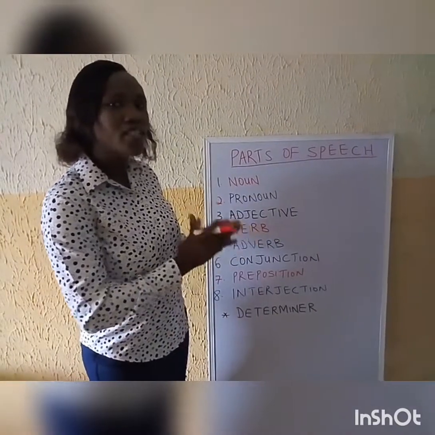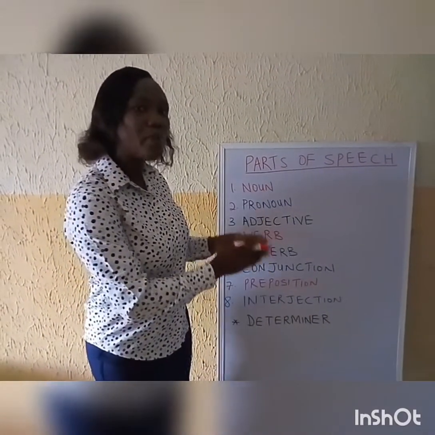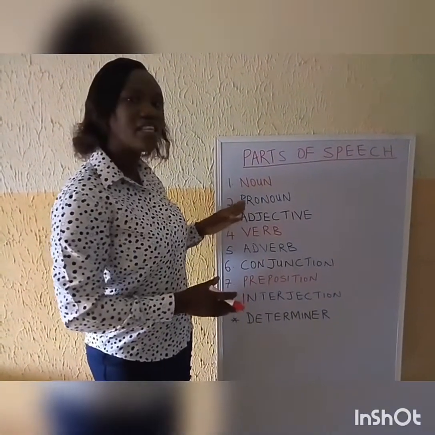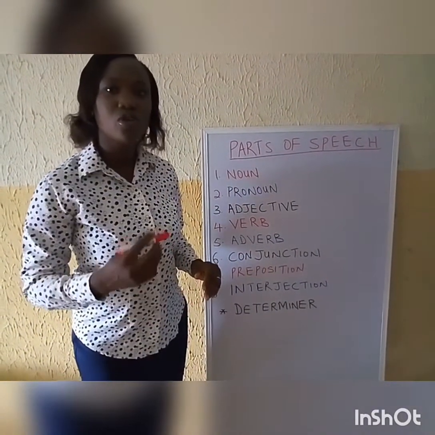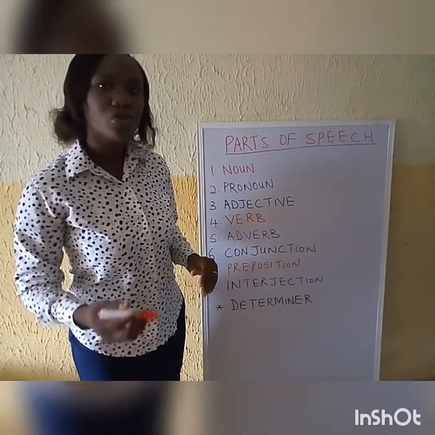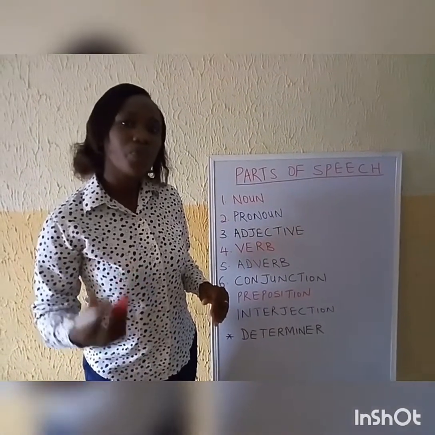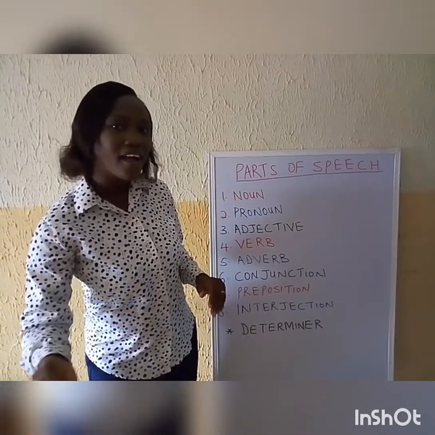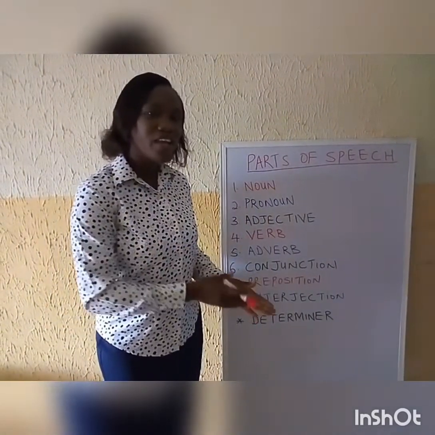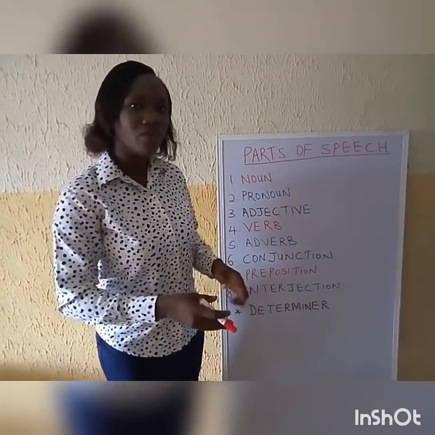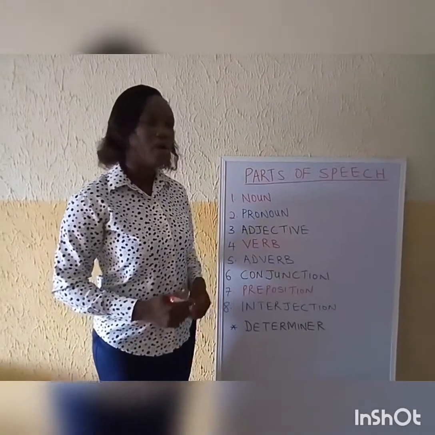So any word we use to replace a noun is pronoun. For example, Tolu goes to church to pray to her God. Tolu is the noun, her is the pronoun that is still talking about Tolu.